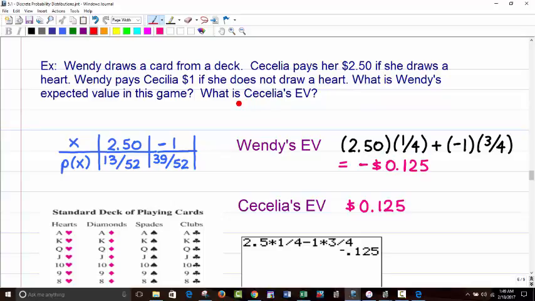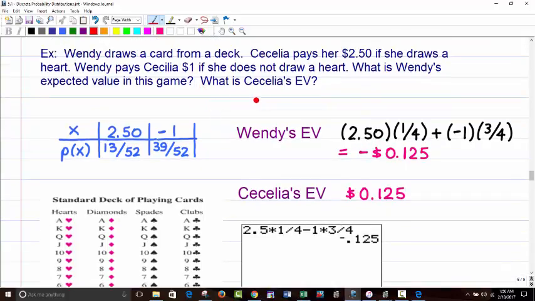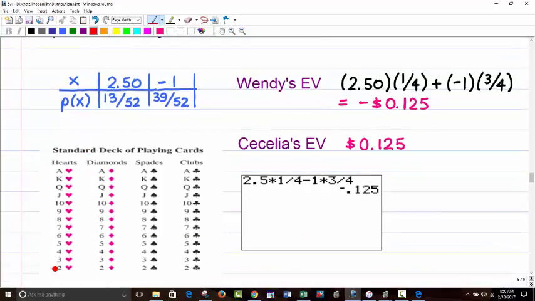So Wendy's going to draw. Cecilia's going to pay her $2.50 if she draws a heart, and Wendy will pay Cecilia $1 if she does not draw a heart. So it's either heart or not a heart. What is Wendy's expected value? And what is Cecilia's expected value? Wendy's plus 2.50 has a 13 out of 52 chance of happening, because all 13 hearts work in her favor.